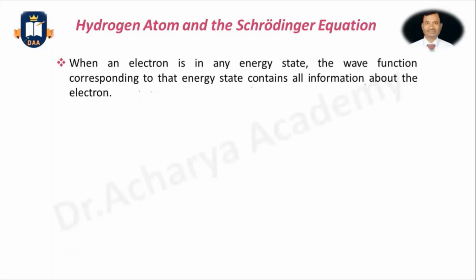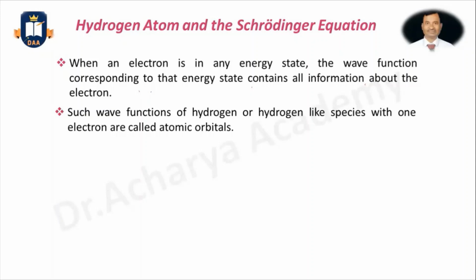That means for an electron in any energy state, there is definitely one wave function, and this wave function describes all the information about that particular electron.